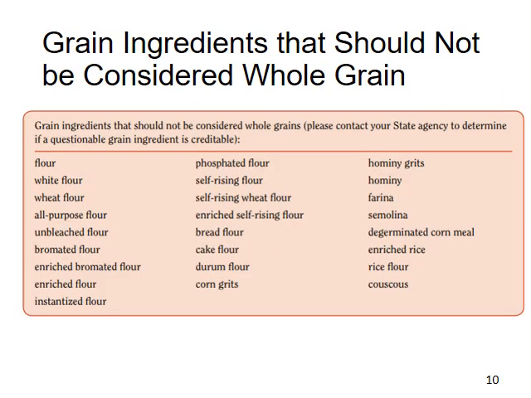On the other hand, this slide shows some grain ingredients that should not be considered whole grains, such as flour, white flour, enriched flour, bread flour, enriched rice. If you are in doubt about an ingredient, please contact the state agency to determine if the grain is creditable.